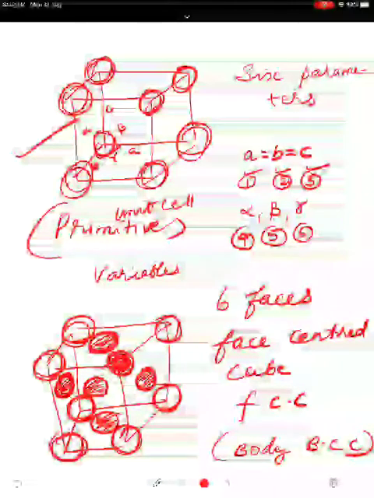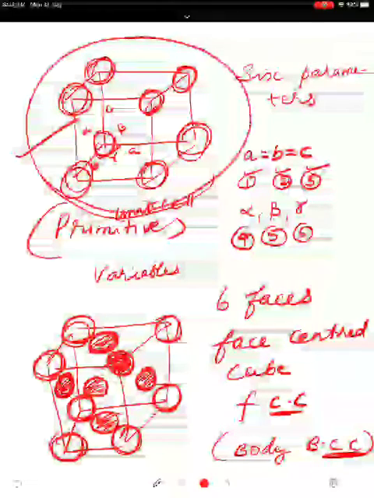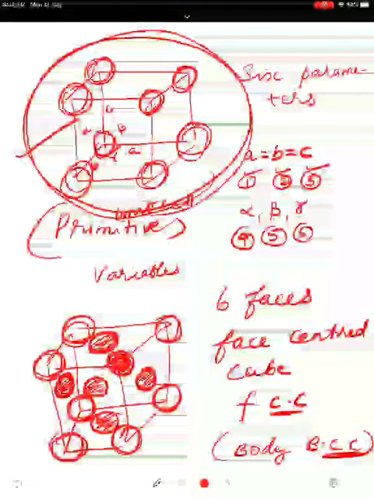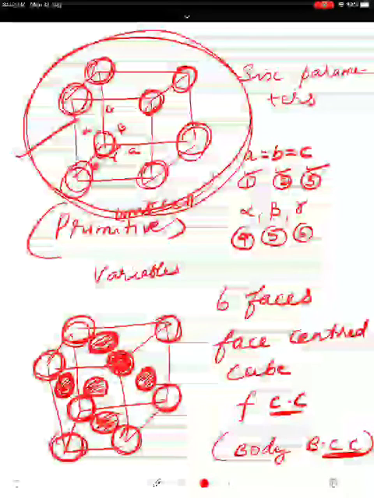So this is face centered cube, and the previous one, where you saw only one at the body center in addition to these 8 corners, we called body centered cube. That is again a centered cube, but this one is primitive. Now we are going back to primitive.